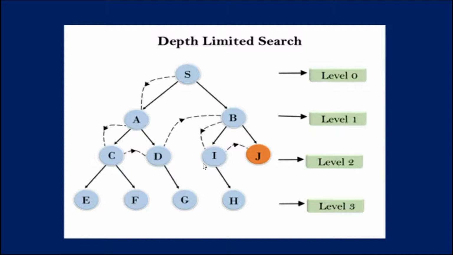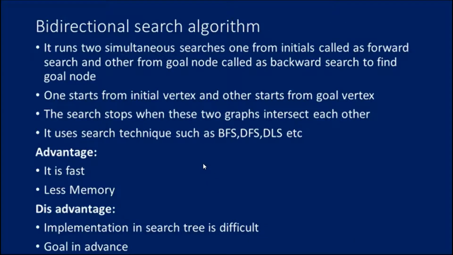Next we are going to see the bidirectional search algorithm. The name itself indicates there are two directions. The bidirectional search algorithm runs two simultaneous searches, one from the initial state called forward search and another from the goal node called backward search, to find the goal node.